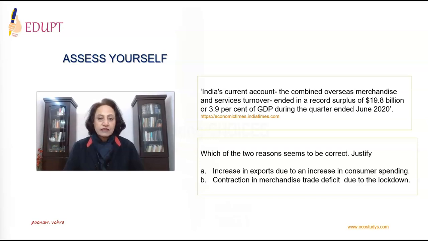The question is, which of the reasons seems to be correct? Justify that. 1. Increase in exports due to an increase in consumer spending. And 2. Contraction in merchandise trade deficit due to the lockdown.